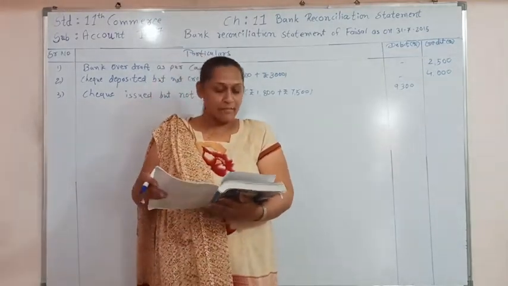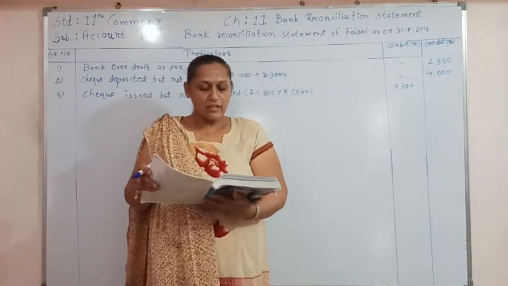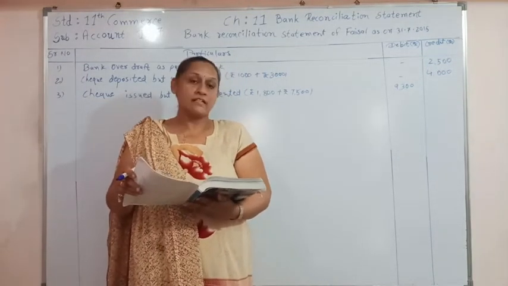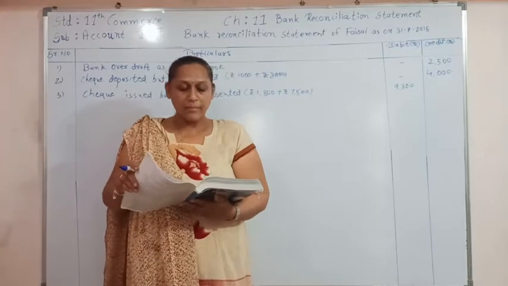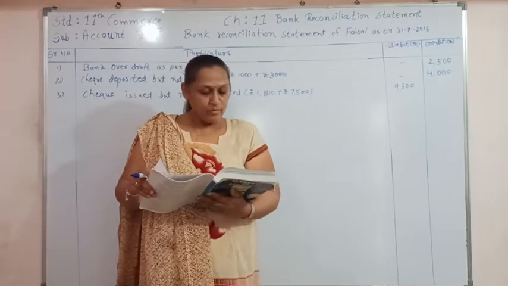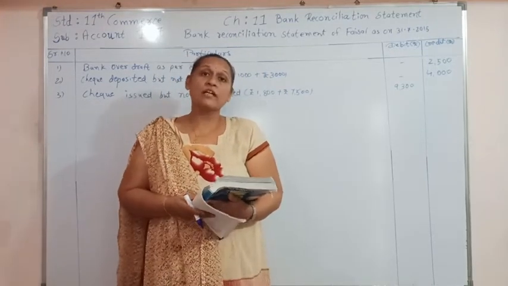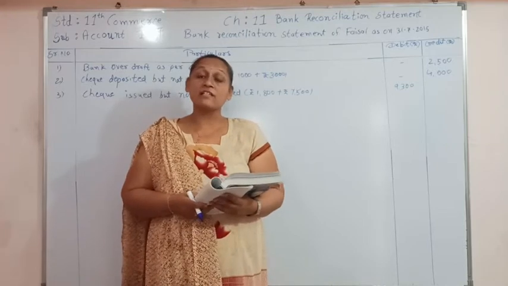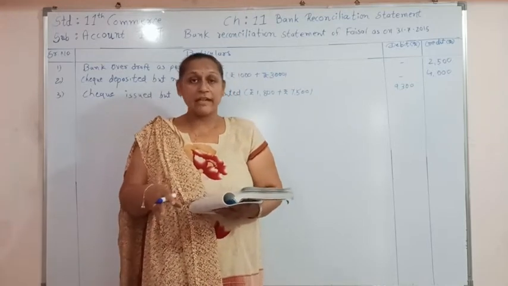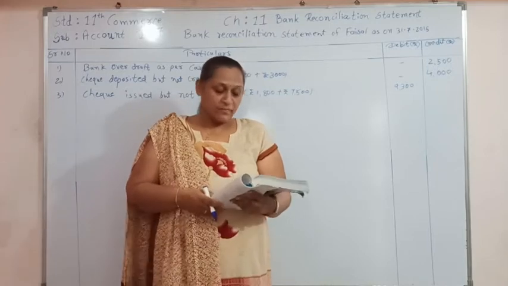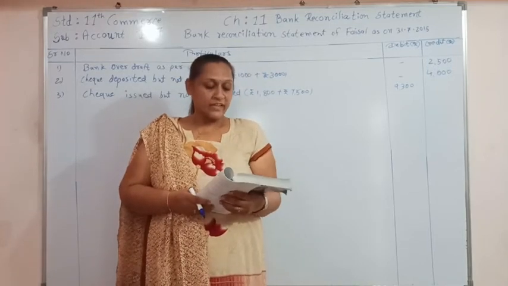Interest credited by bank. So here bank has credited interest, but it is recorded on the payment side of the cash book by mistake. As we know, if the bank has credited interest, we are supposed to debit it in our cash book, but it is by mistake credited in the cash book.